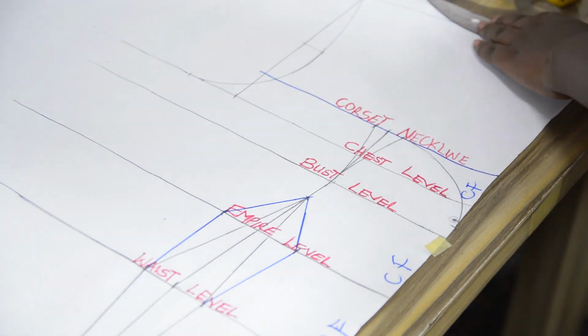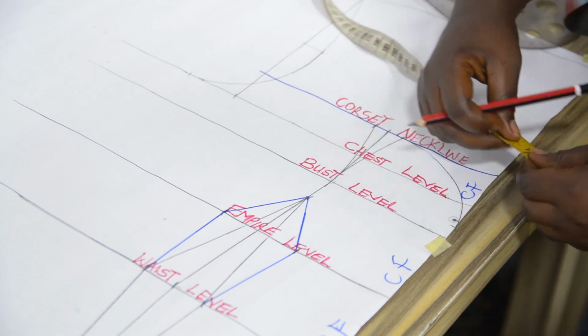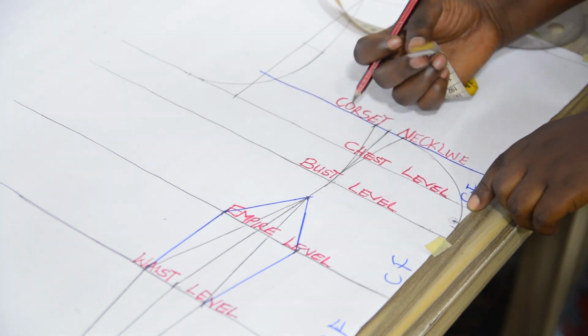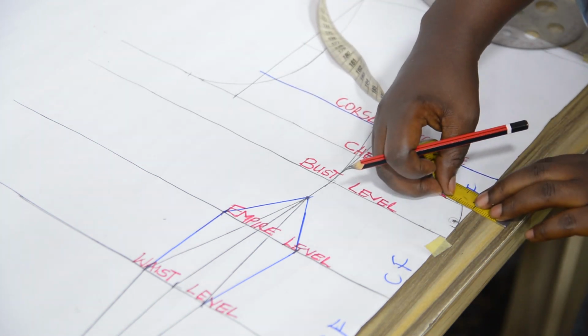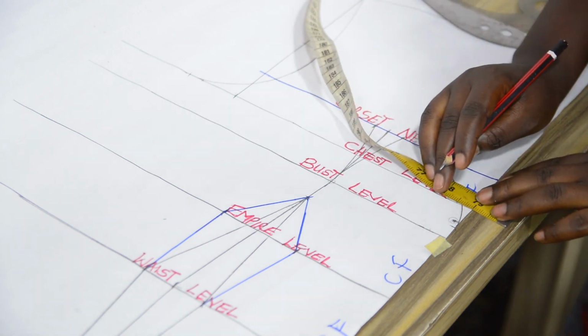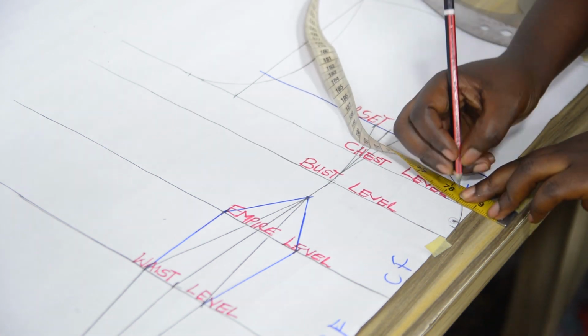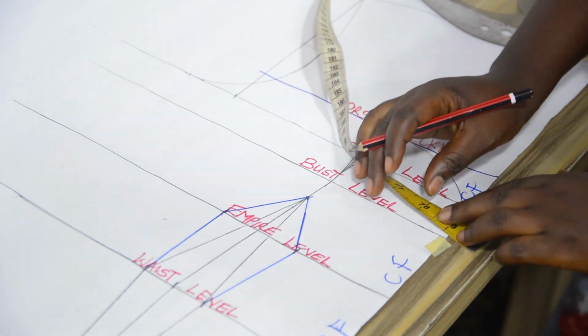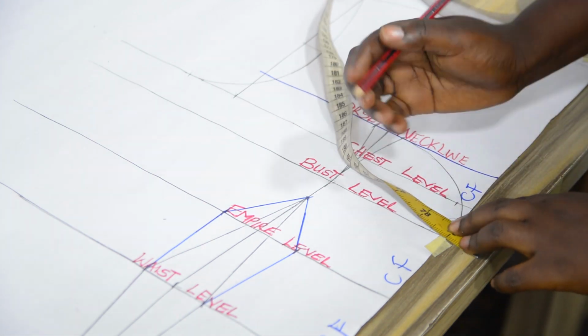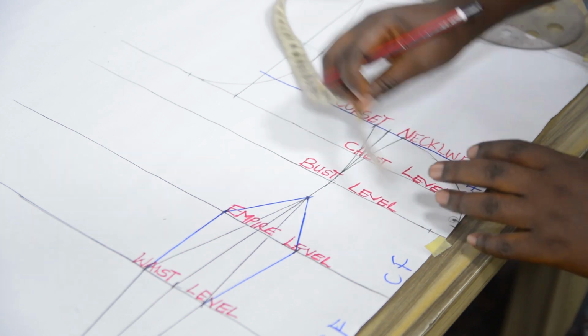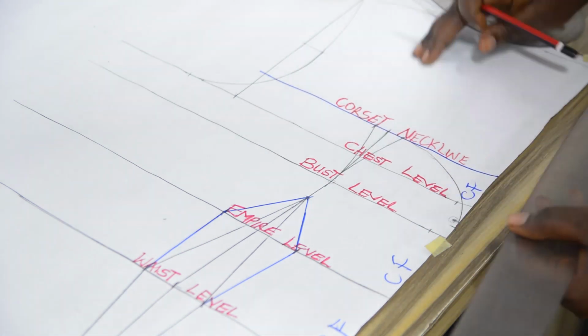After doing this, the next step is to measure 1/2 inch forward from the center front. I will take this measurement on the chest level and on the bust level. Then I will connect the 2 points together with my straight ruler. So 1/2 inch here and on the chest level.